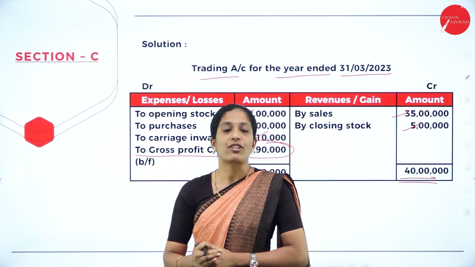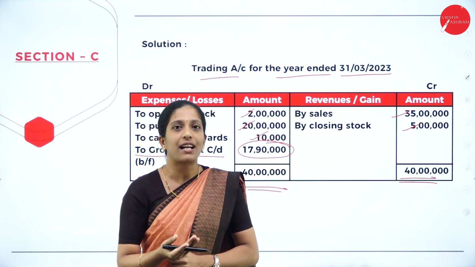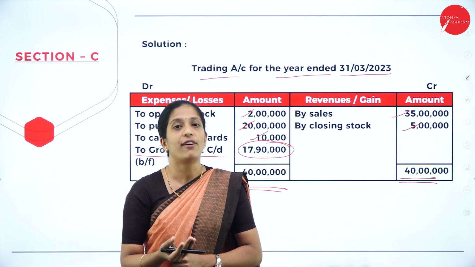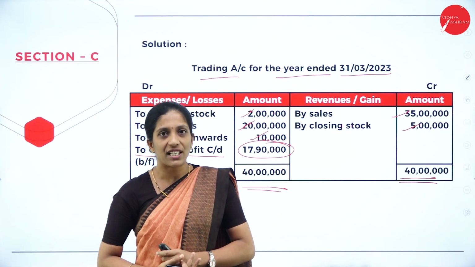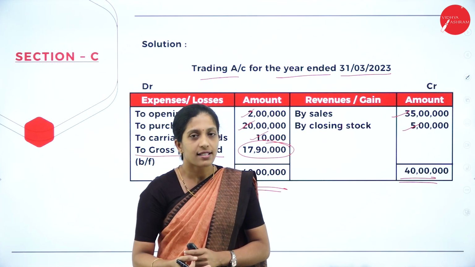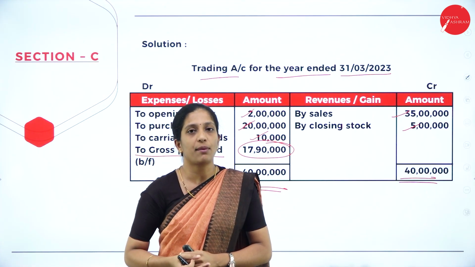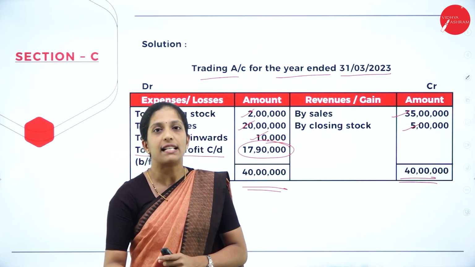So, there were 5 questions under section C. 1 question on accounting equation, or you might get a question on classification of items or classification of accounts into assets, liabilities, capital, revenue or gain, expenses or losses. And second question will be on subsidiary book, where they might ask you purchases book, sales book, purchase return or sales return.